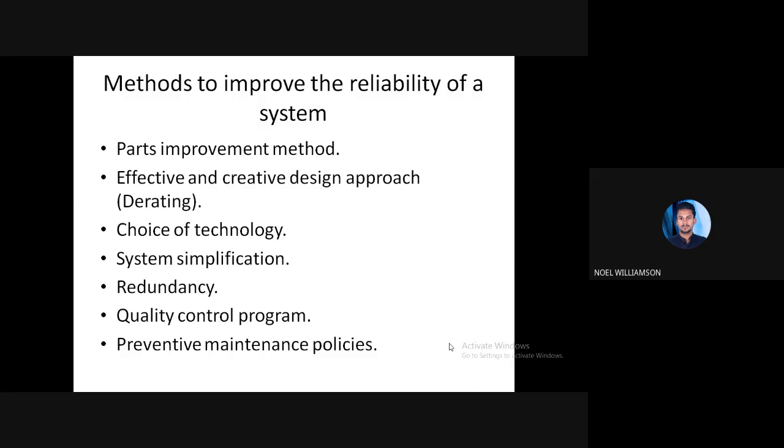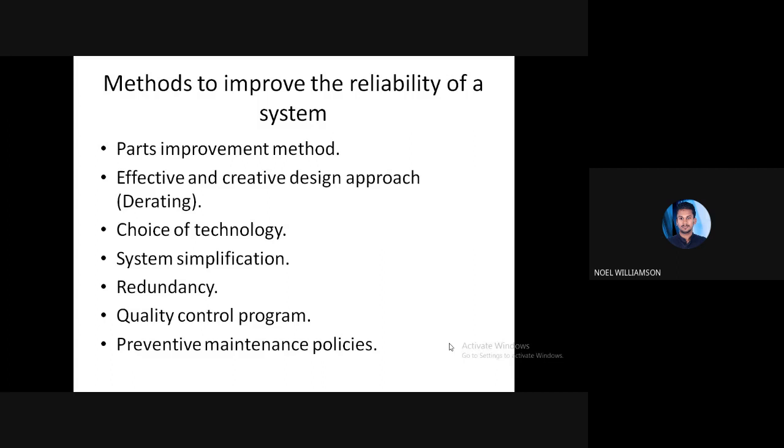Next, redundancy. Redundancy means we are providing standby or parallel components in the system. For example, suppose we have to give the electric supply. We have the option from the KSEB power supply, but as a standby, we are also providing a backup power source using some generators.